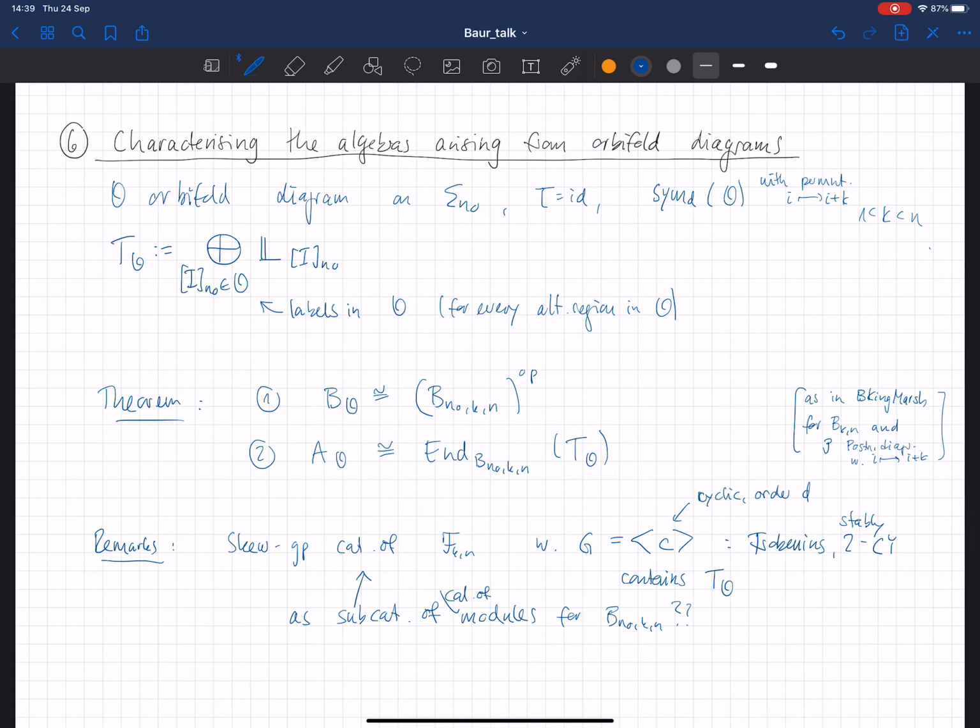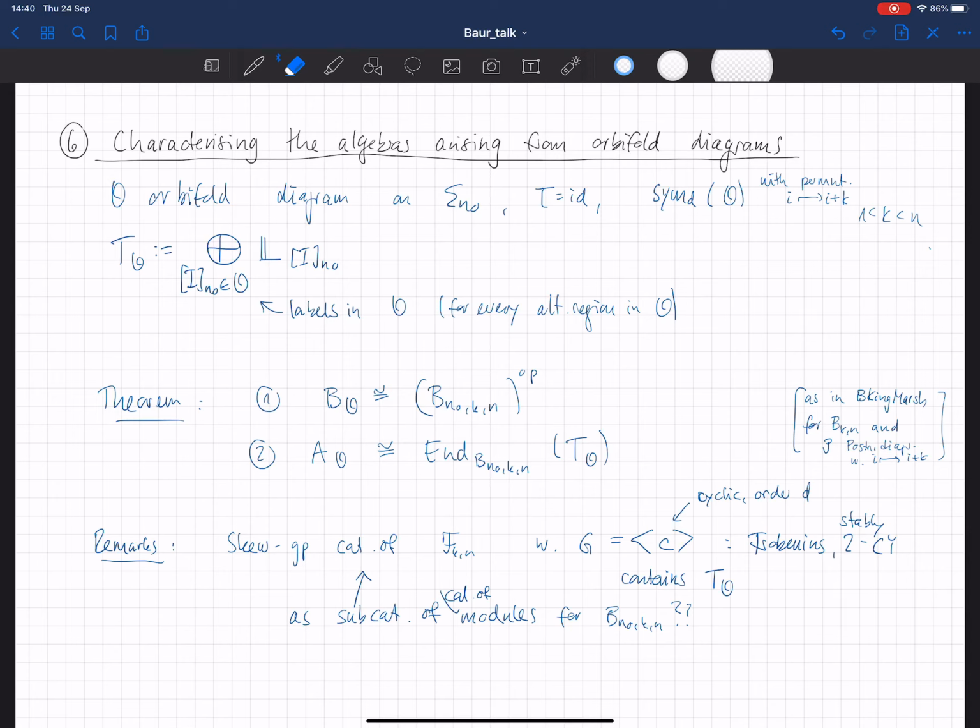We associate to that a module for B_{k,n}^{n0} by picking these modules we just constructed for all the alternating regions in the orbifold diagram. There is a unique way you can define labels for this orbifold diagram, and so each orbifold diagram gives us such a module. And then what we can show is that B_O is isomorphic to the algebra B_{k,n}^{n0}, or if we look at A_O, it is really the endomorphism algebra of that object T_O.